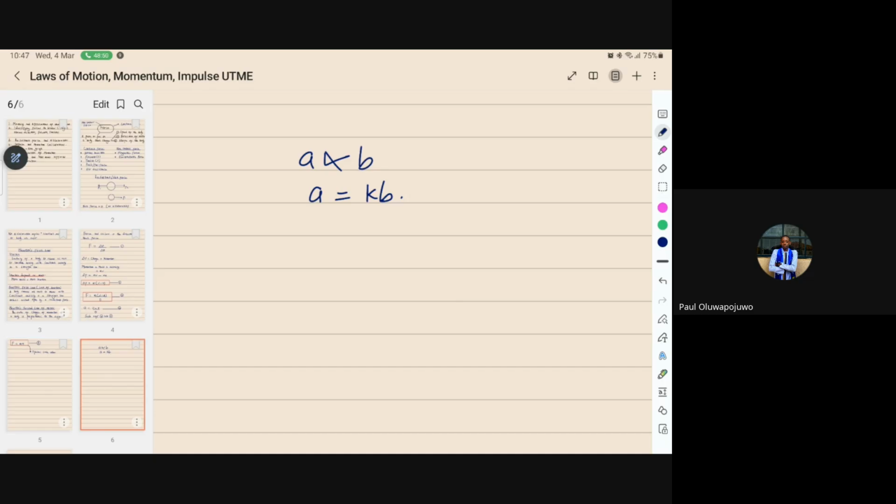Now, if we go straight to why F is proportional to change in momentum over time, there should be a proportionality constant. Now, you should have F equal to K change in P over change in T. Are we together?